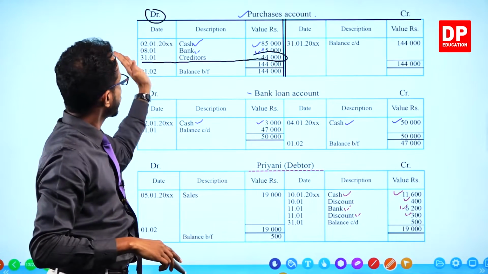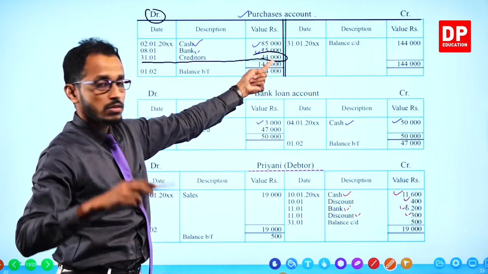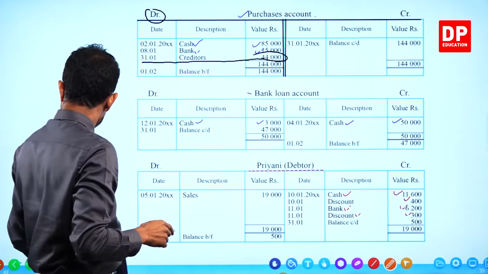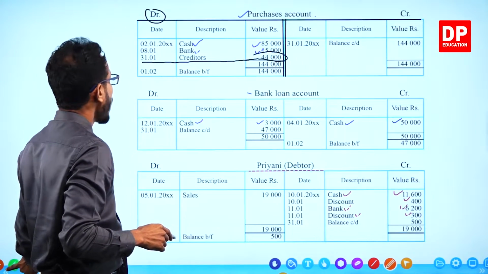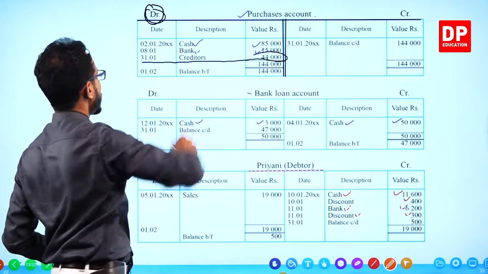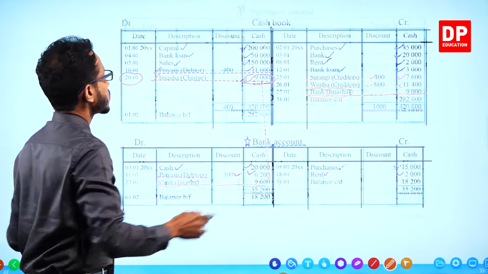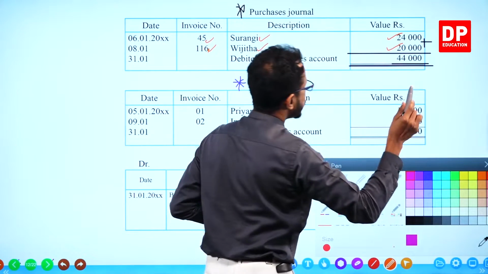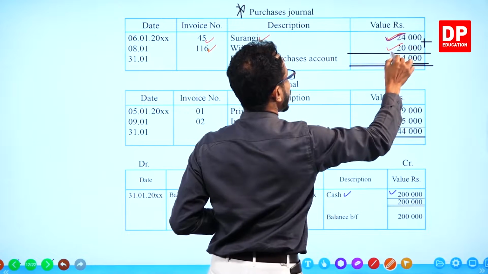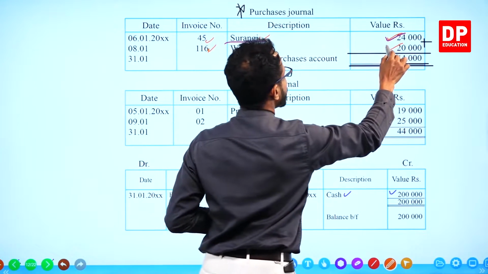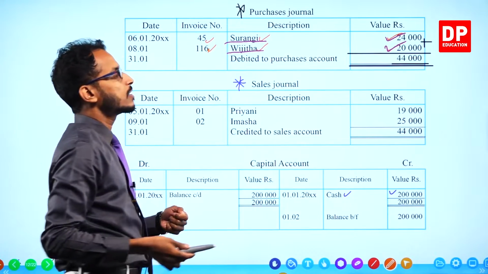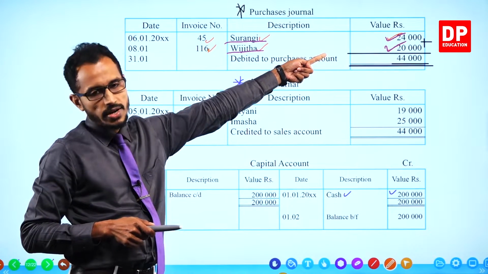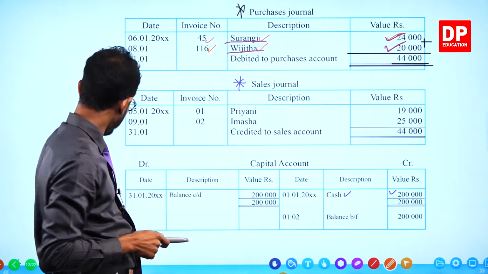Yeah. So debit the total purchases of the month to purchases account likewise. That is only one entry you put to the debit side from the purchases journal. Then each individual entry, that means 24 to Surangi, 20 to Vijitha, individual creditors accounts, you should record the individual amounts.